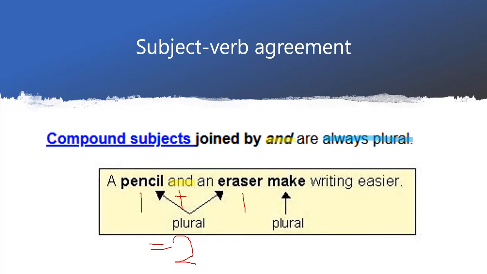So it's considered plural. It's not singular anymore. So when it's plural, more than one, you don't need Superman. So no s. So a pencil and an eraser make writing easier. Okay, so one subject, two subjects, plural, no s.